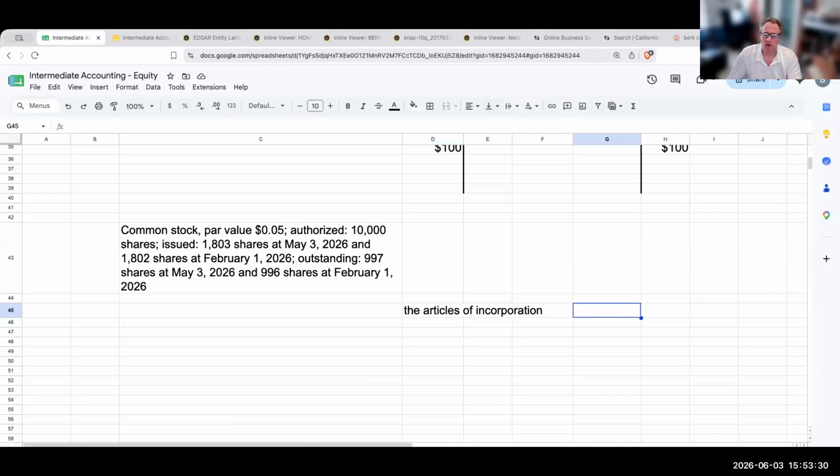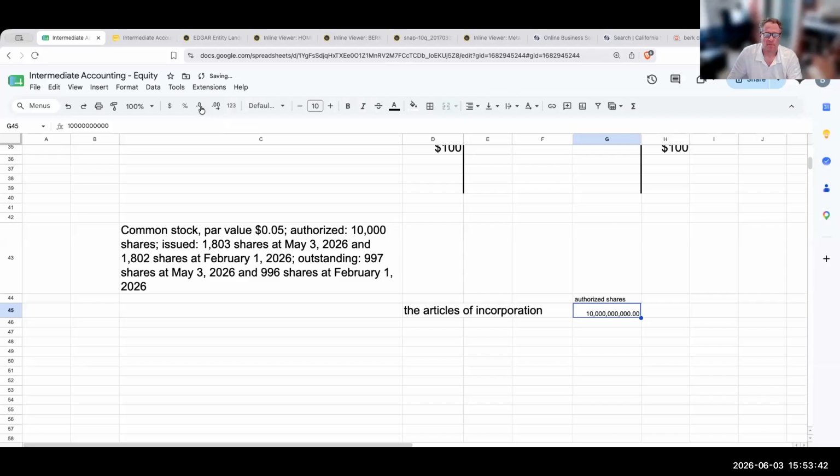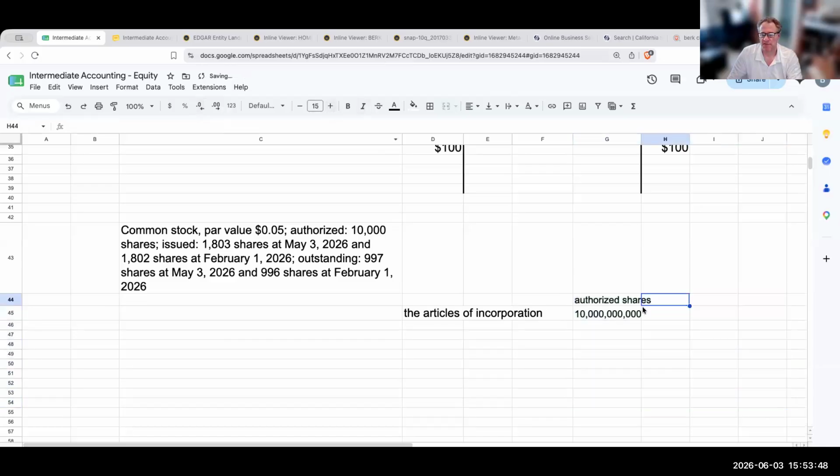But what exactly does authorized shares mean? So I got 10 billion shares authorized. What this means is that the corporation has the authority to issue up to 10 billion shares.